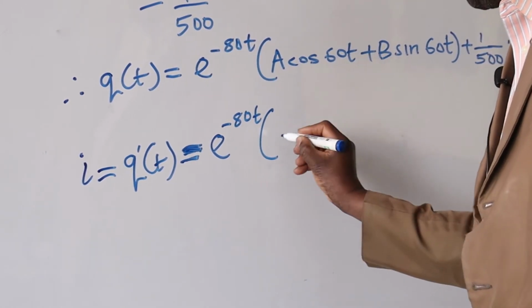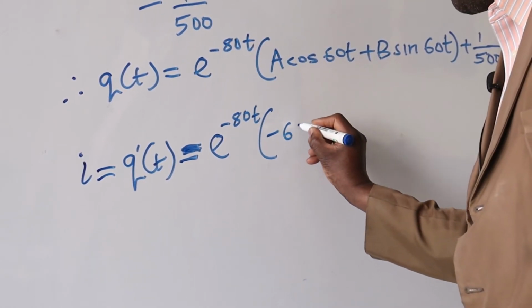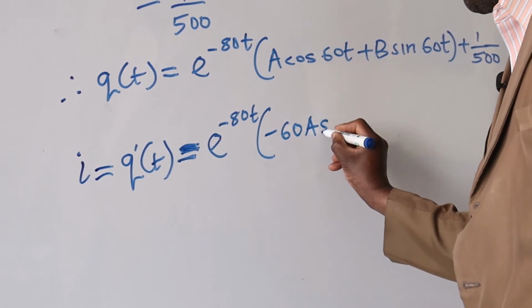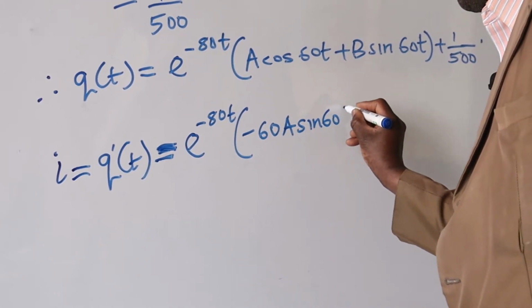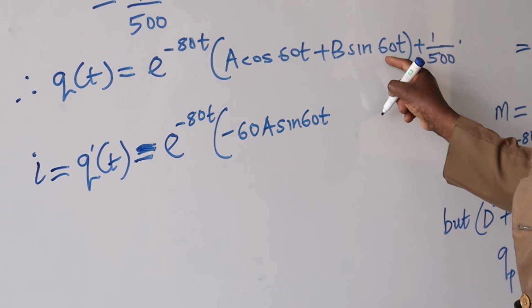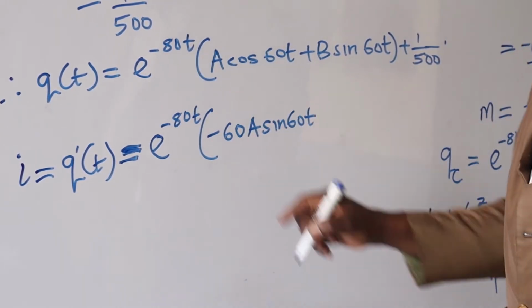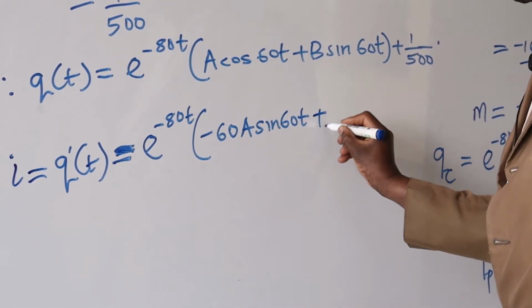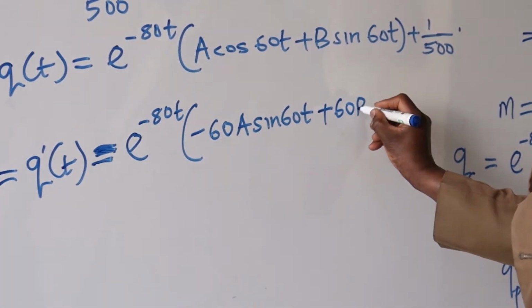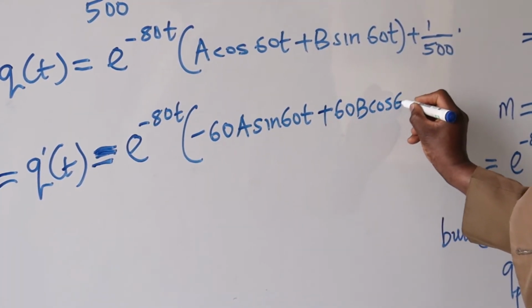We differentiate this: minus 60a sine 60t. We are differentiating what is inside the bracket because we are keeping this one constant, plus 60b cos 60t.